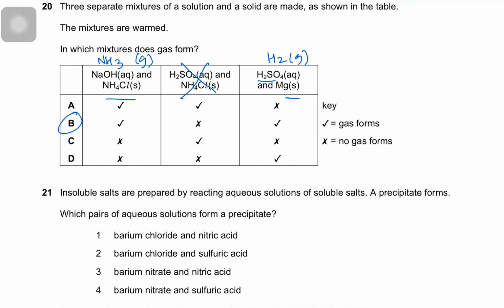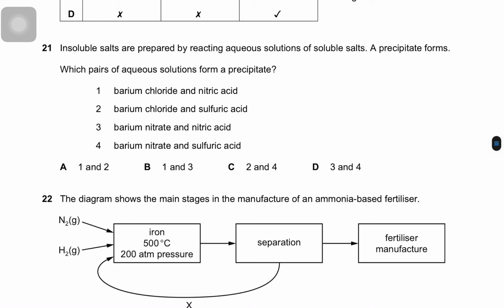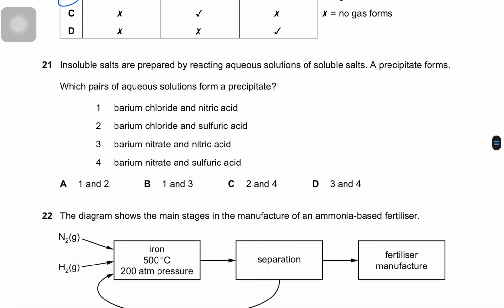So guys, let's continue from question 21 onwards of the same examination, which is 2018 winter variant 1. Insoluble salts are prepared by reacting aqueous solutions of soluble salts, which is something we know as the precipitation method. A precipitate forms.